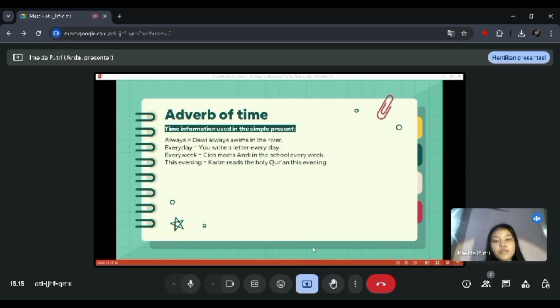Two, every day: you write a letter every day. Three, every week: Chico meets Andy in the school every week. And the last, this evening: Karim reads the Holy Quran this evening.